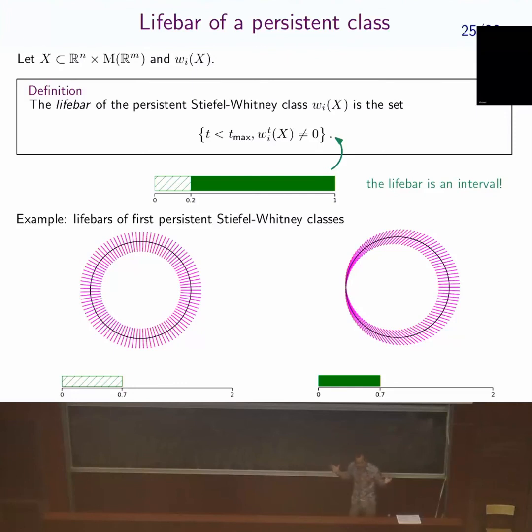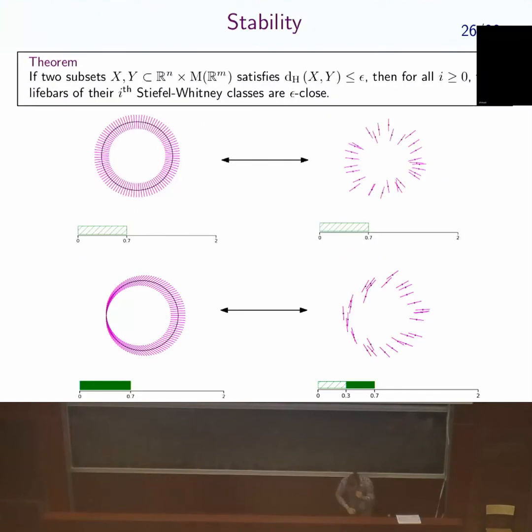So to finish, let me present two results about it. The first one is a stability result that says that if I do not observe the exact vector bundle, but a sample of it, a closed sample, then the Stiefel-Whitney classes will be closed. And as a consequence, the live bars too. Still the example of the normal bundle of the circle.